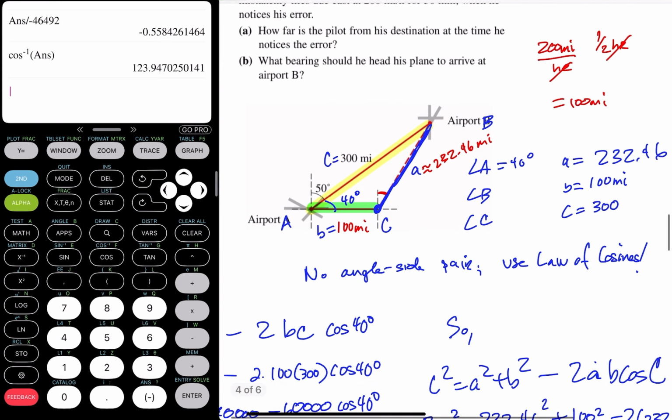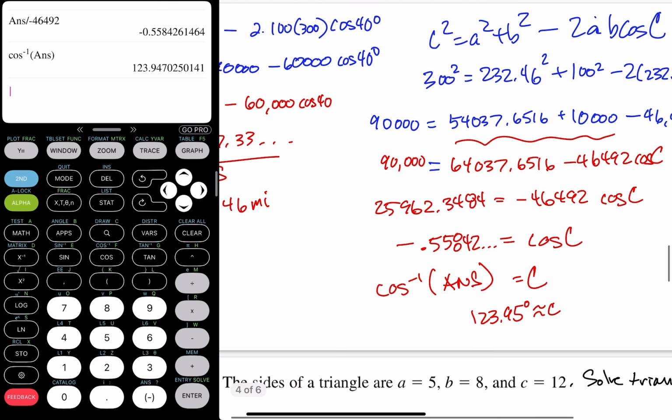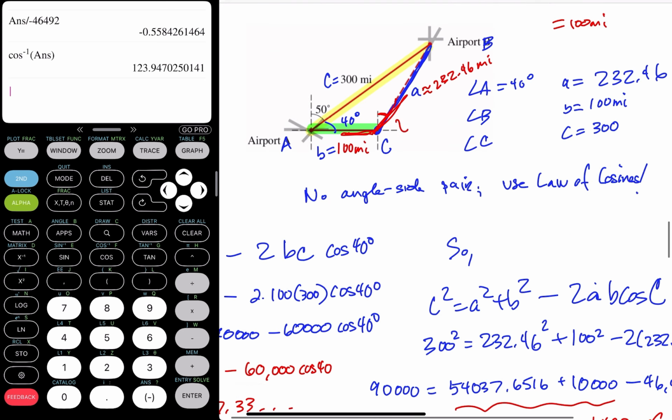That means up here, this big angle is 123.95. So if I subtract out 90 degrees of it, what's left over is going to be that little angle. So subtract out 90 degrees, and you're going to get 33.95 is what this angle is right there.